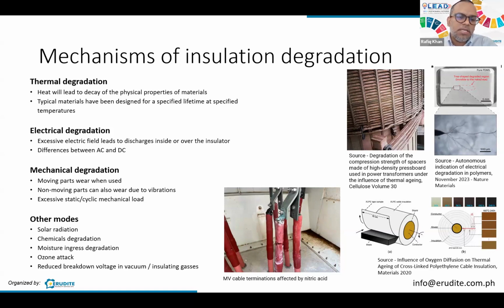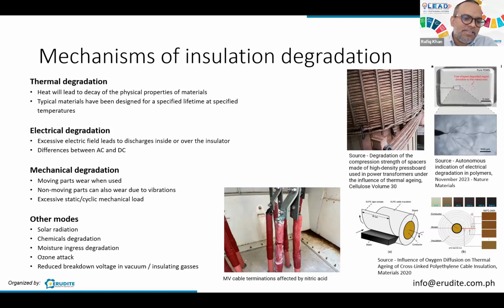Corona in turn produces a lot of nitrogen oxides. Where you have moisture, it comes in contact with moisture and makes nitric acid. So nitric acid is the one that is creating all this problem that is visible, but the initial stage is the electrical field. The visible problem is not the electrical field, but a result of the electrical field.